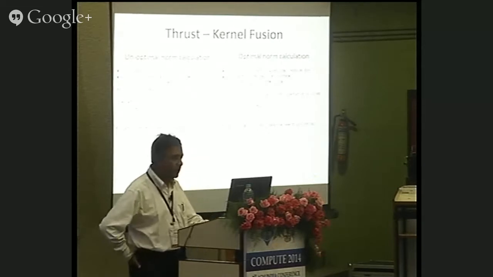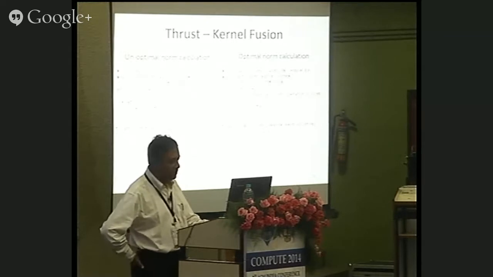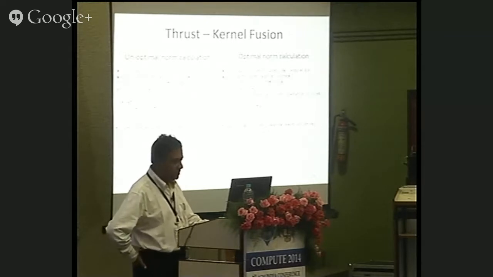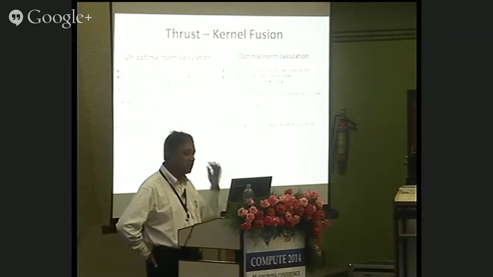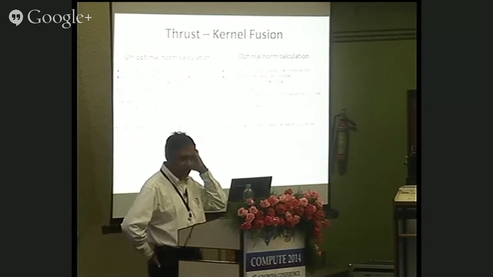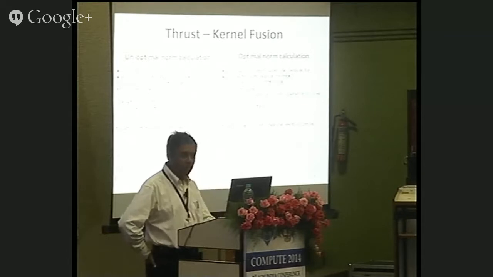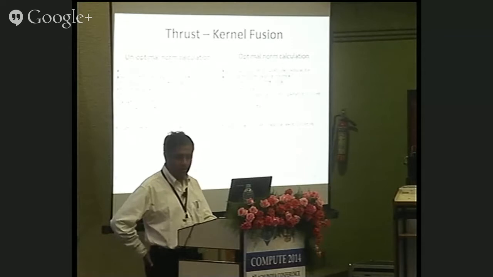So on the left hand side, in Thrust, you can do this norm calculation. One important thing is that there is a function called square. It is basically a functor, as in C++.